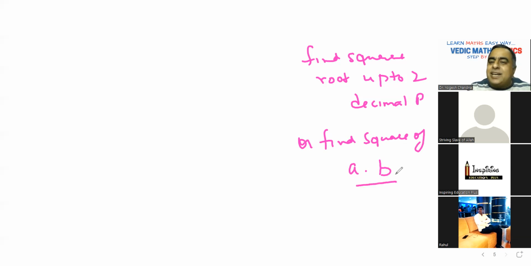If a decimal is coming, that means it is not a perfect square. If it is asked to find up till decimals, it is not perfect.